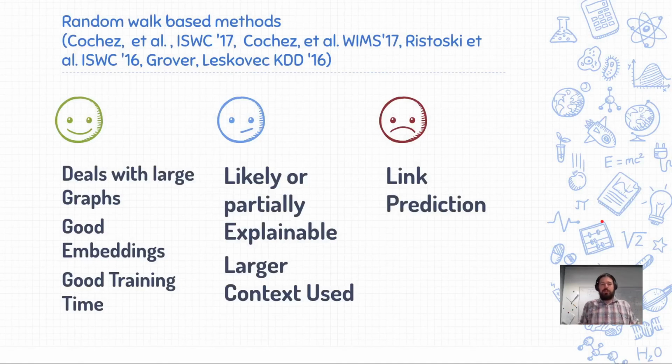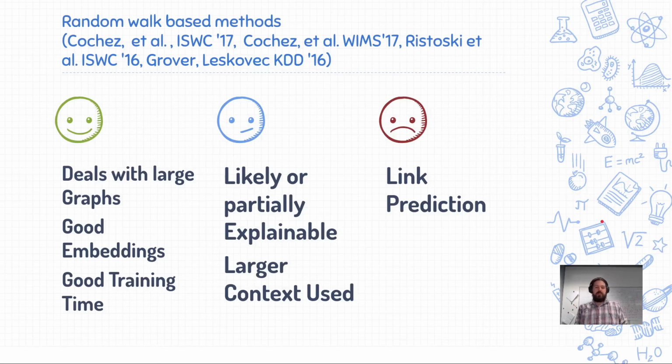Now, if we look at these kinds of methods, they have some benefits. And one of them is that they can deal with very large graphs, right? Because they use local neighborhoods and they can very nicely cover this large graph because they only actually do small graphs. They give reasonably good embeddings, right? So they really can give you embeddings which are useful for downstream machine learning tasks, and they have a good training.